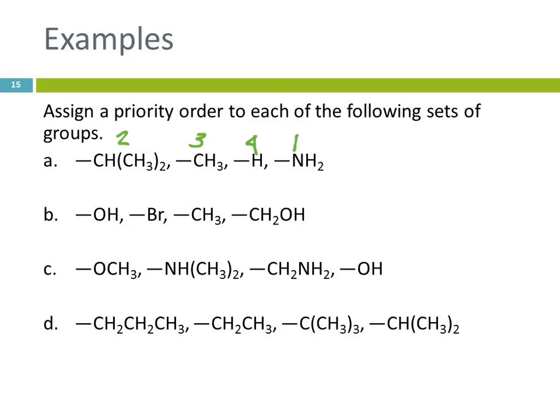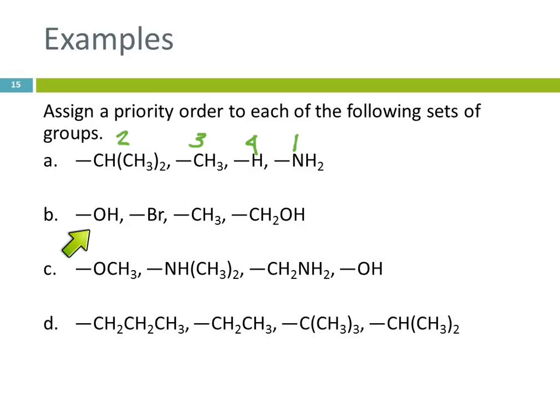You don't actually have to calculate molar masses or anything. You just look at the first, we're going for the first difference. So you look at the first atom. If those were all the same, then you have to look at the next one that's connected. But looking at the first one, we go with highest atomic number, just because they decided.